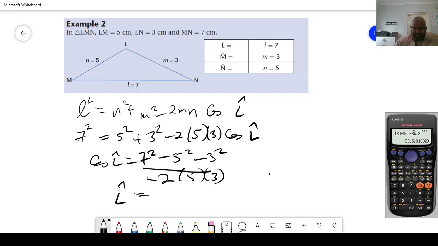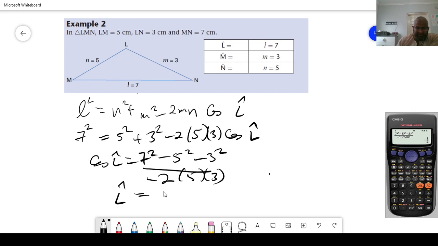I hope this is going to be a negative angle so that you can see what I was talking about. So we got the 7 squared minus 5 squared minus 3 squared, and that is over negative 2 times 5 times 3. Okay, that gives us negative, there we go, negative half.